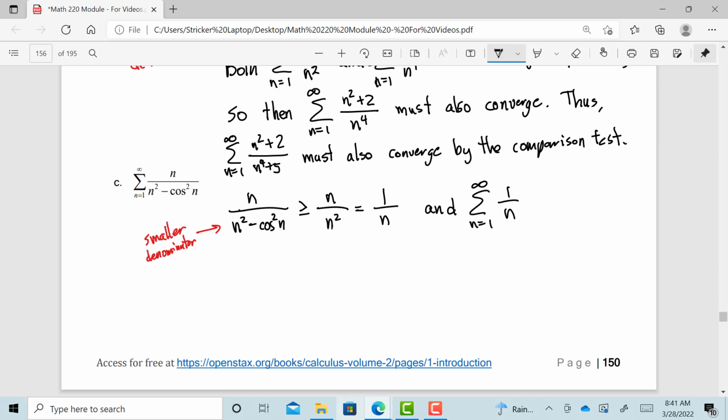It could be greater than or equal to. And so that's what we have. This works out. Term by term, our original series is always going to be at least as big as the series we're comparing to. And that series we're comparing to, we know, is the divergent harmonic series.